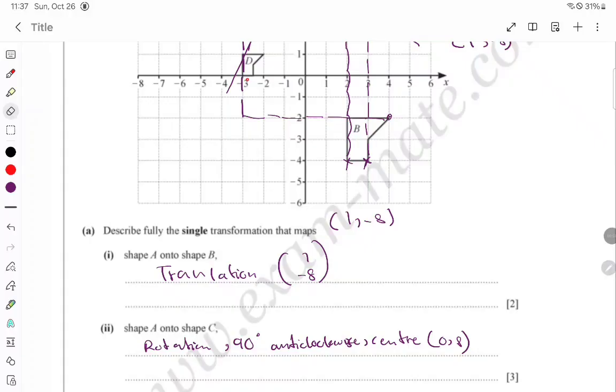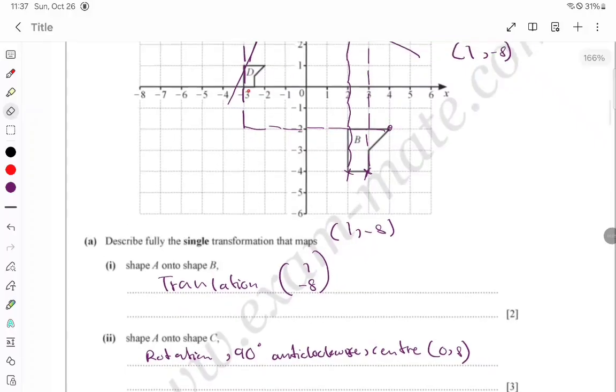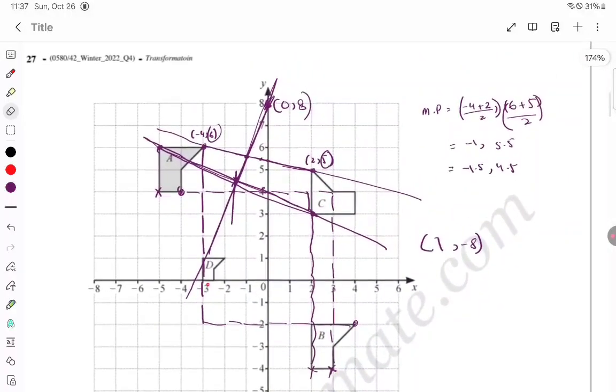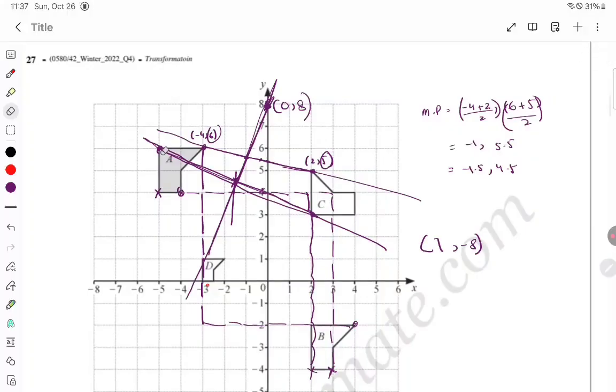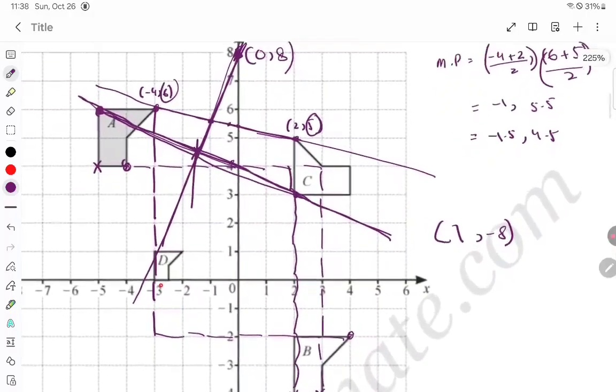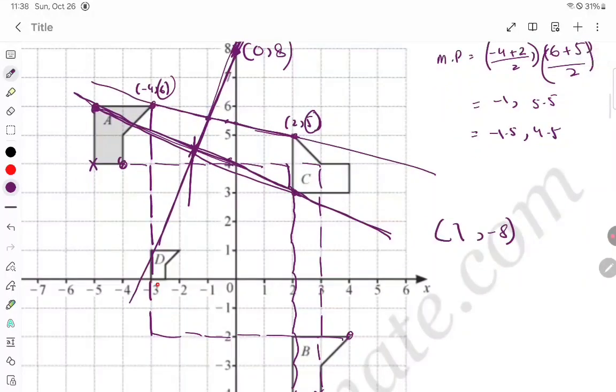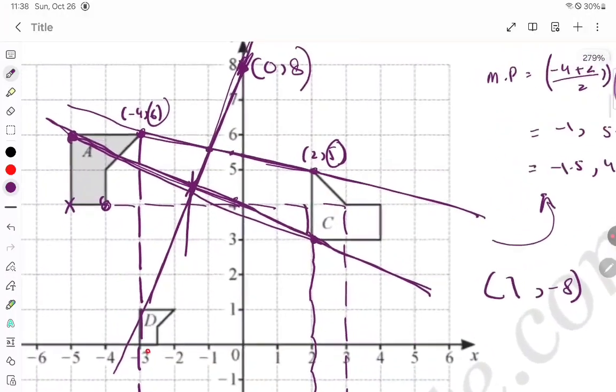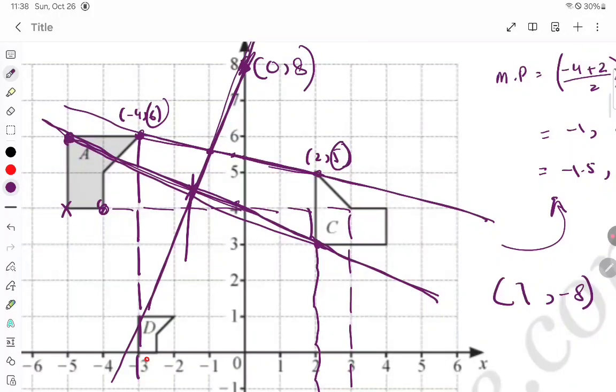Now for the B, shape A onto C, and for that A onto C, first what we do, we just connect these 2 points, and by looking at the diagram, we can say that this is a 90-degree shift in an anti-clockwise direction, in this direction. And when we connect these 2 points together, these 2 points are not intersecting each other because it is not a 180-degree shift.